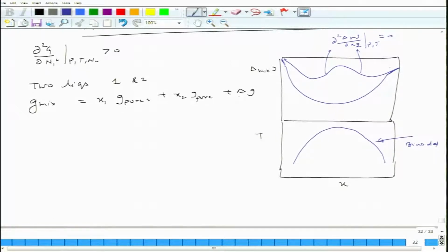This corresponds to somewhere here, at this temperature, these two points. So, this is called the spinodal, the line which corresponds to the second derivative of the free energy being 0.